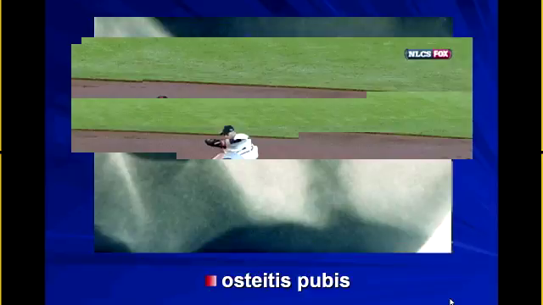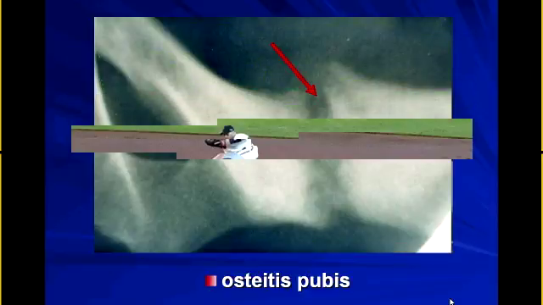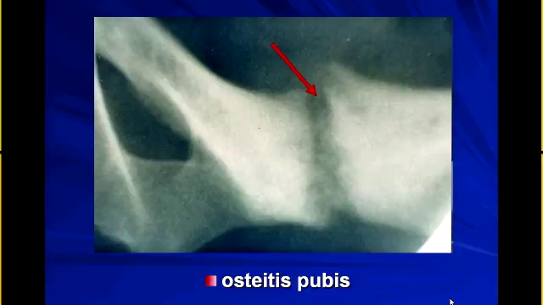So again, goaltenders doing the splits is one possible mechanism, or anyone doing the splits, but it's not the most common mechanism. Osteitis pubis is sort of an umbrella term for undiagnosed hip groin pain. It is often seen in sports, hockey for example, where there's a lot of wind-up cross, and gymnastics where there's a lot of one-leg stance and a lot of shearing forces and rotational forces across the pelvis.